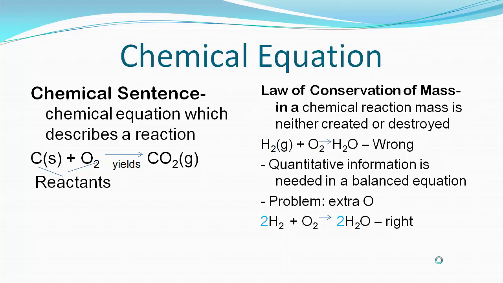So when you do this, there's an extra O. So what you actually have to do is 2H2, 2 hydrogens, which are common H2s, plus an O2, yields 2H2O. Only when you have 2 hydrogens and an oxygen will water be created, and it won't be created singularly, it'll be created 2 at a time.